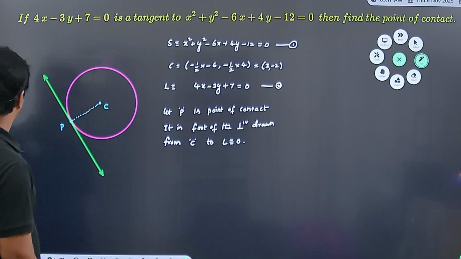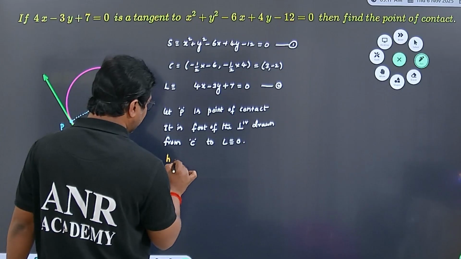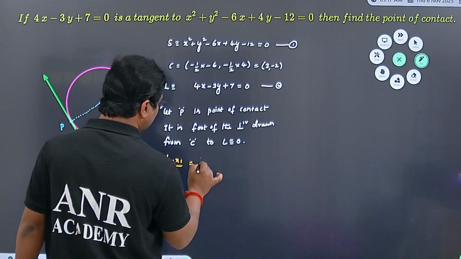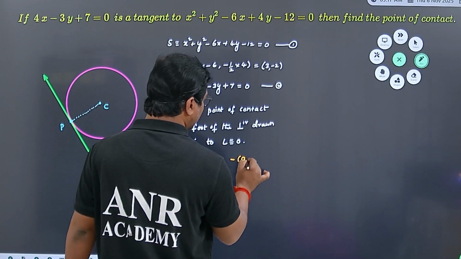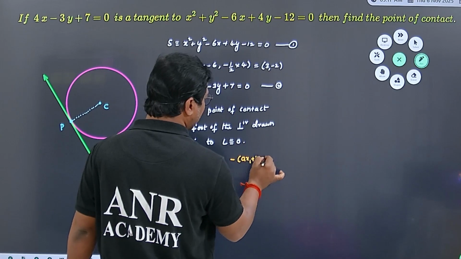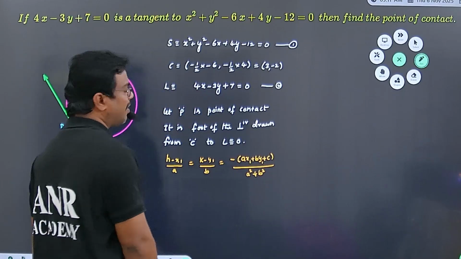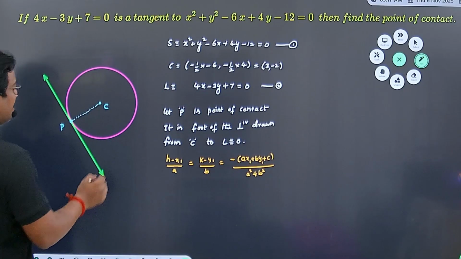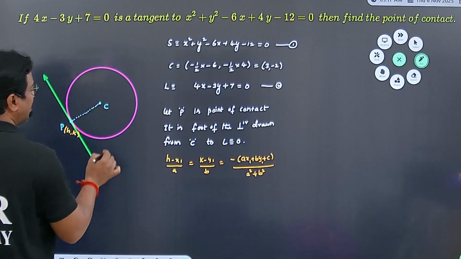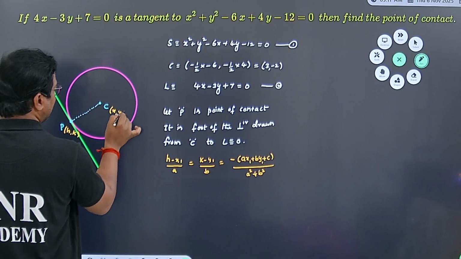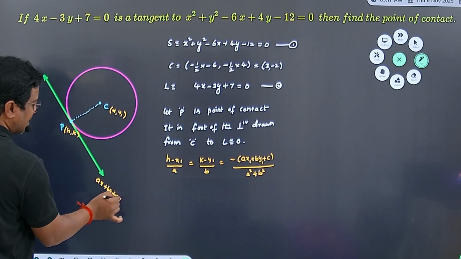You know that foot of the perpendicular theorem, that is h minus x1 by a equal to k minus y1 by b equal to minus of ax1 plus by1 plus c divided by a square plus b square. Using this formula, we can find point of contact. Here h comma k is foot, that is point of contact, and center x1 y1, and the line ax plus by plus c equal to 0.